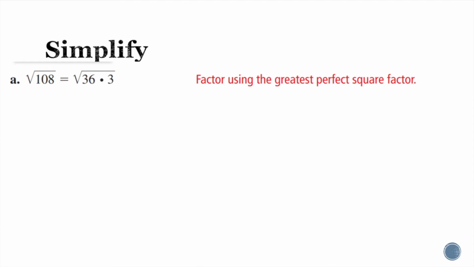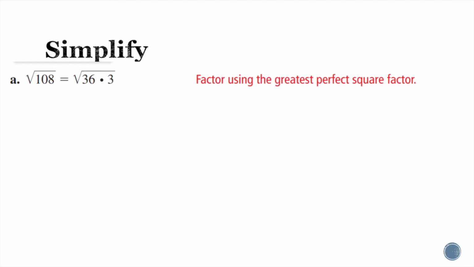Great. Now, let's simplify the square root of 108. 108 isn't easy to see, so what you can start by doing, in order to find a perfect square that is divisible into 108, try 108 divided by 4, 108 divided by 9, and so on.